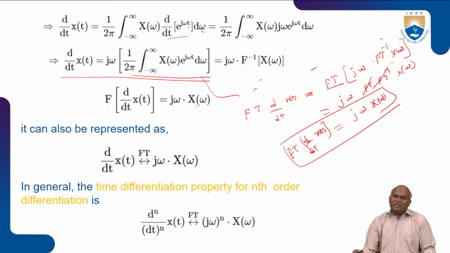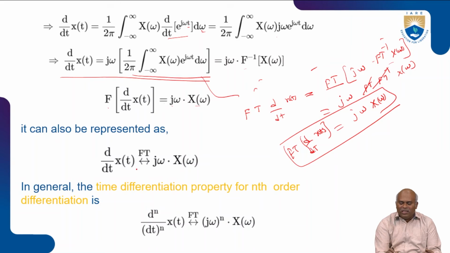This is the time differentiation property of the Fourier transform. So d/dt x(t) and jω X(ω) are related by the Fourier transform arrow.